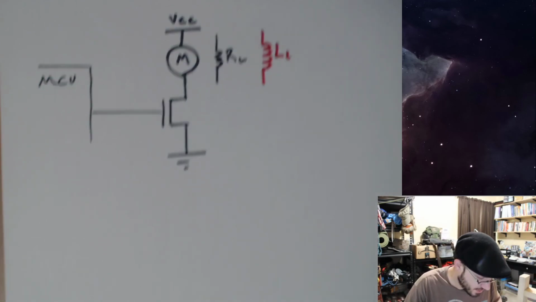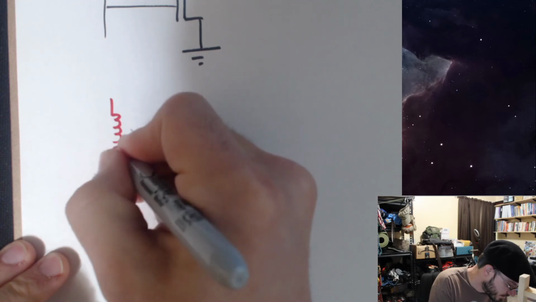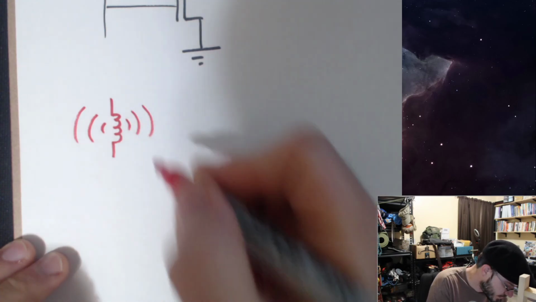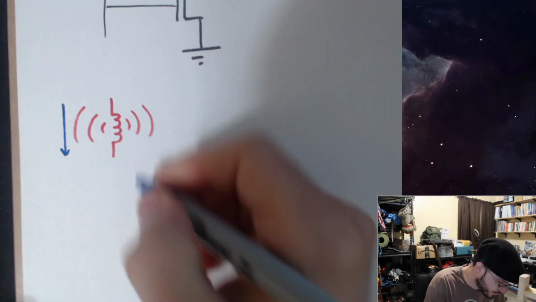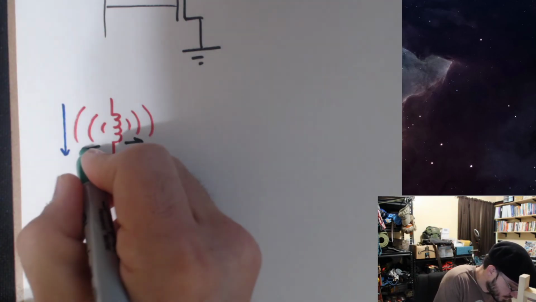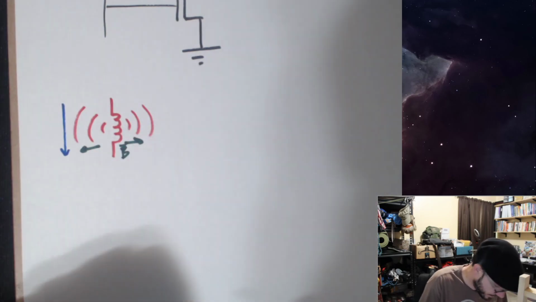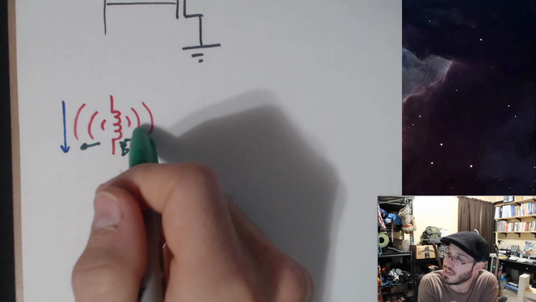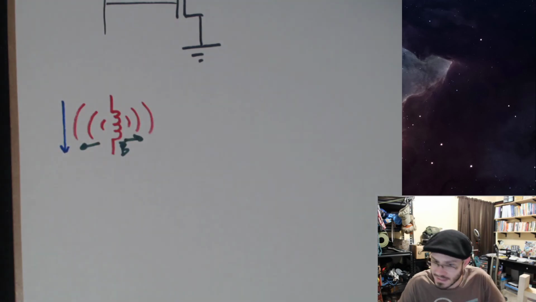Well, when we take an inductor and we pass a current through it, we get an expanding magnetic field. Okay, so we get this expanding magnetic field inside of this inductor. That expanding magnetic field induces a voltage in the opposite direction of the current that caused it.